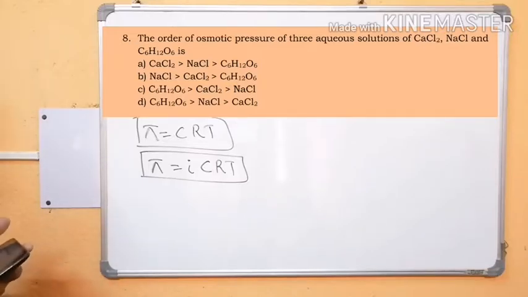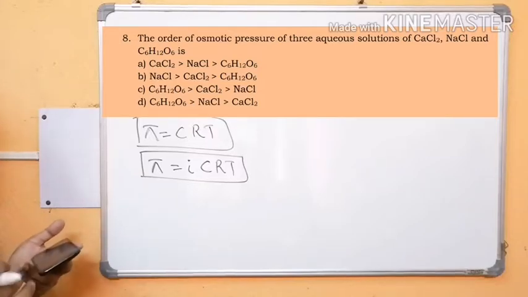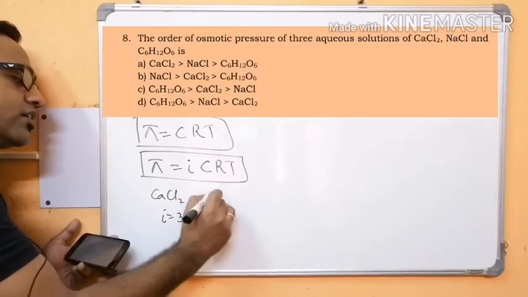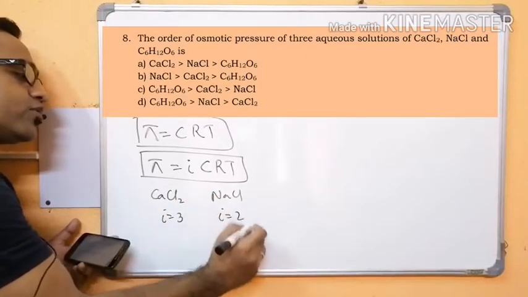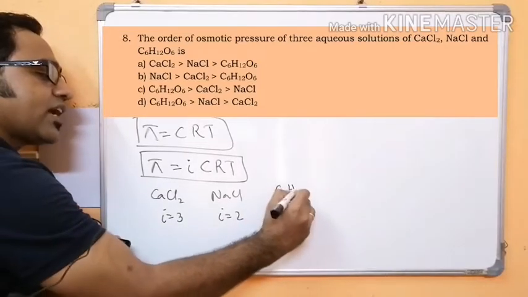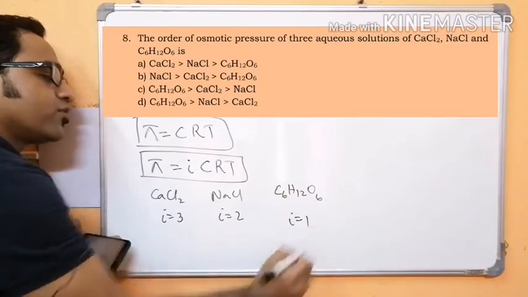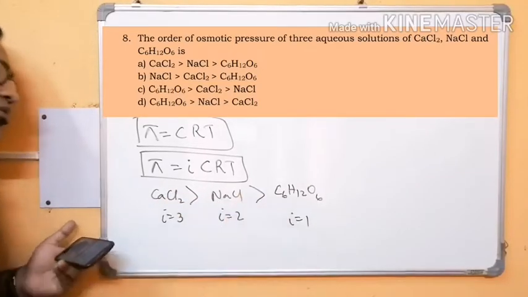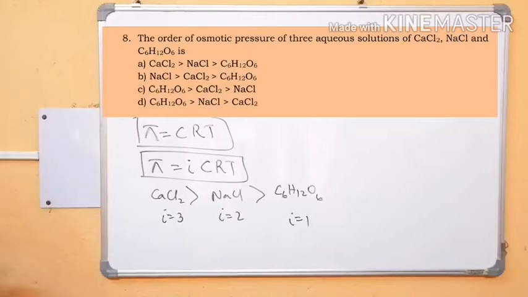It is only written aqueous solution, so when it is written aqueous solution, take the concentration same. Now you have calcium chloride for which i value equal to 3, sodium chloride for which i value equal to 2, and glucose, C6H12O6, for which i value equal to 1. So the order will be calcium chloride maximum, then sodium chloride, then this. So it is option A which is the correct answer.